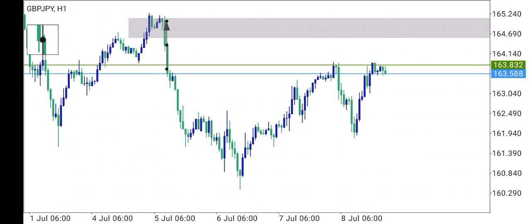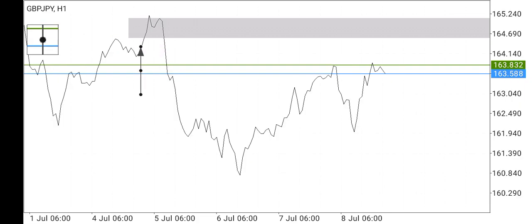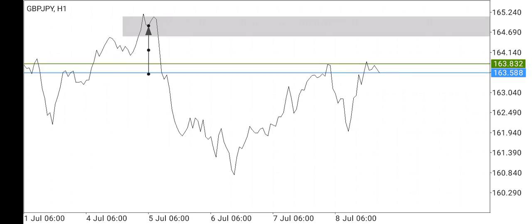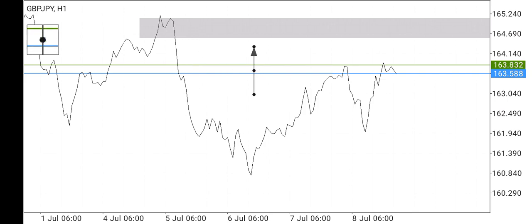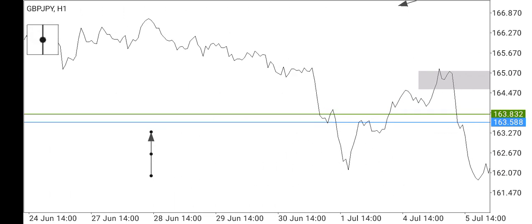Here now, price first came down, retested the area, and now came down again. If you change this to a line chart, you will see the M or W bottom. As you can see, you can even use a line chart to know all this.